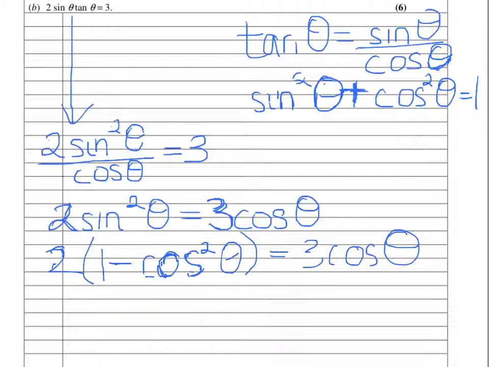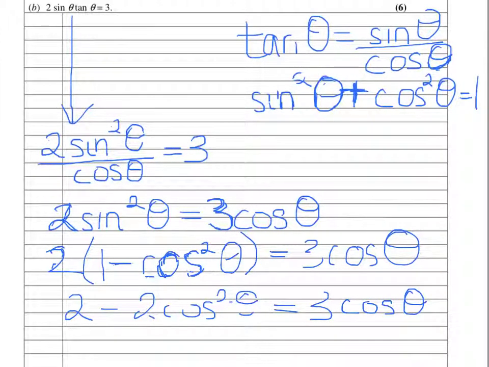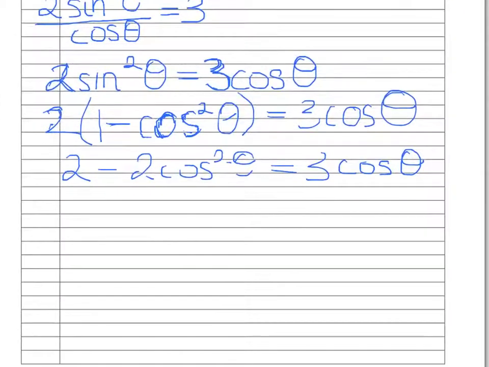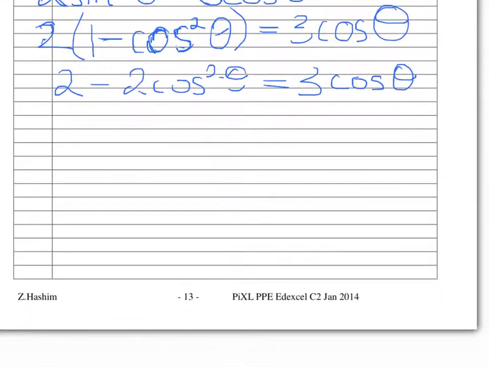And then I'll multiply out. So I get 2 minus 2 cos squared theta equals 3 cos theta. I can see that that's going to be a quadratic with cos.